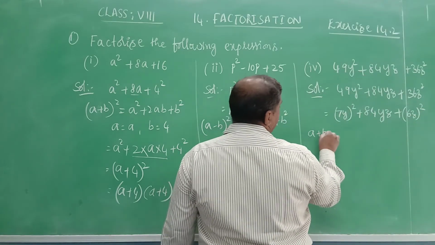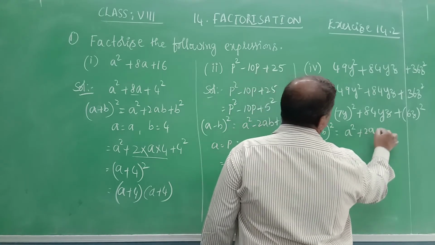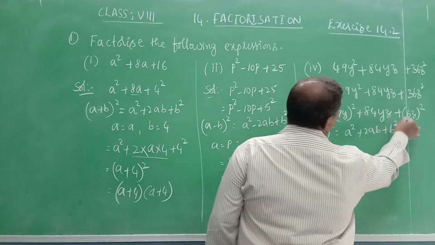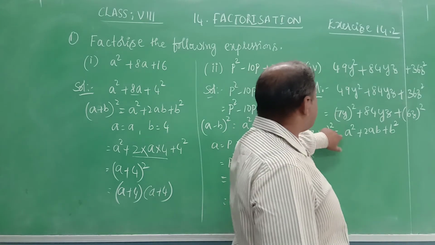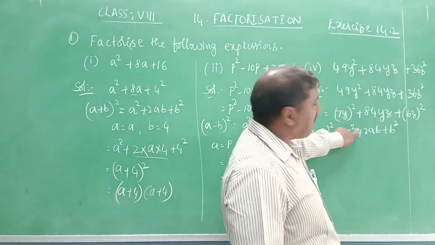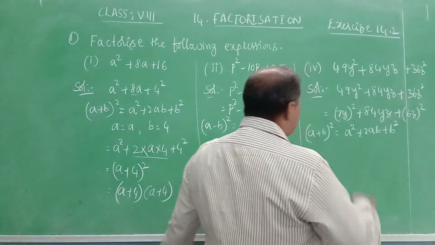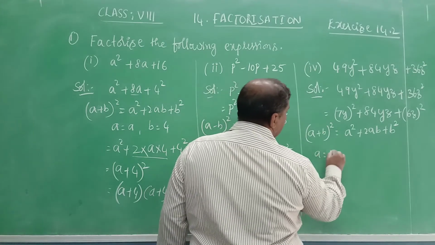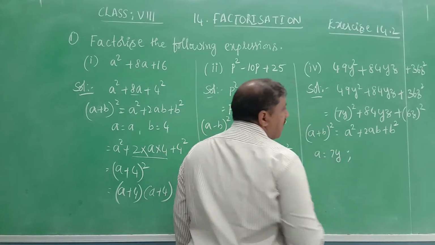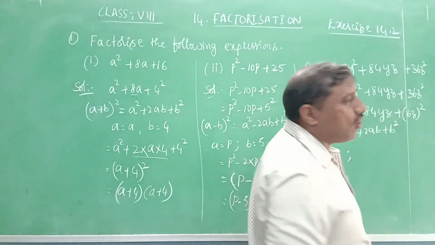(a plus b) whole square is equal to a square plus 2ab plus b square. Now compare both sides. a square is (7y) whole square. Exponents are the same, therefore their bases must be equal. That is a is equal to 7y, and similarly b square is equal to (6z) whole square.